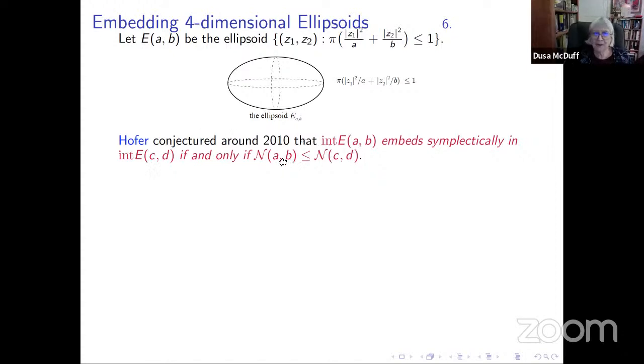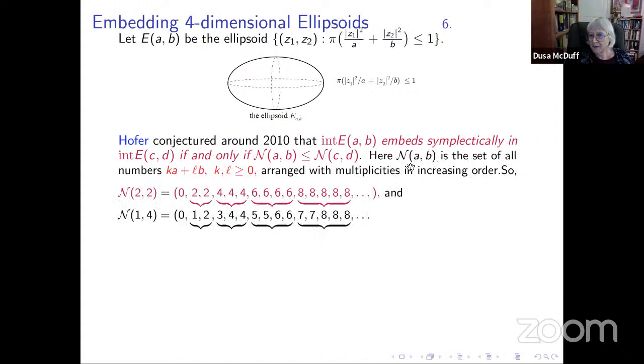And he eventually made this conjecture that there's a purely numerical condition for when E(A,B) embeds into E(C,D). And it's that N(A,B) is less than or equal to N(C,D). So what does that mean? Well, N(A,B) is the set of all non-negative integer combinations of A and B, arranged with multiplicities in increasing order.